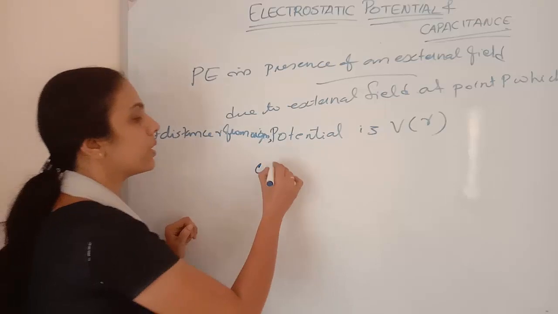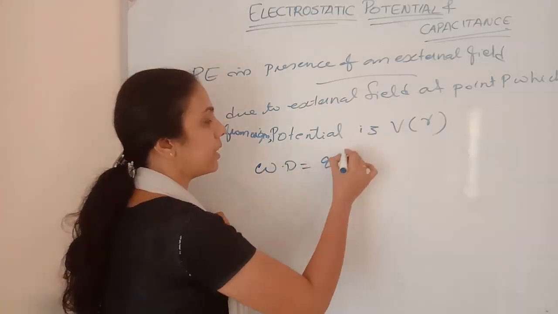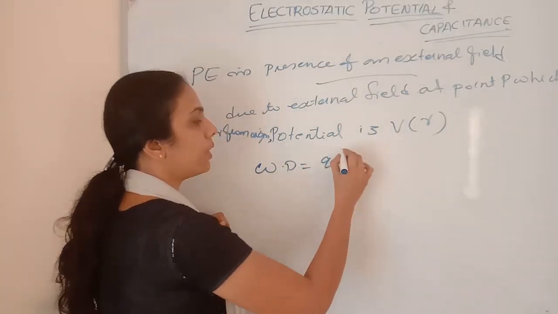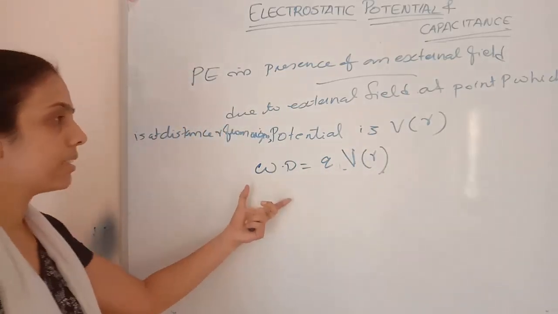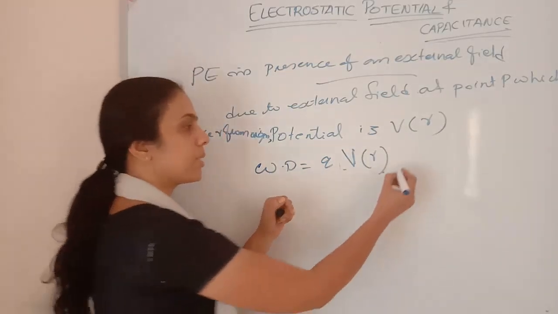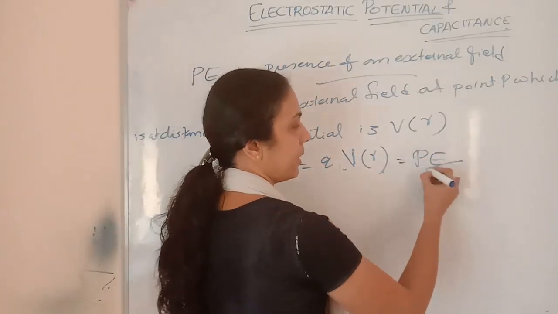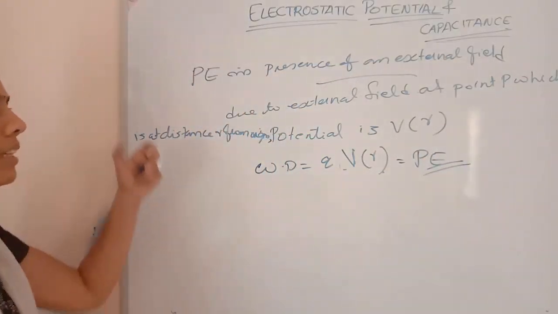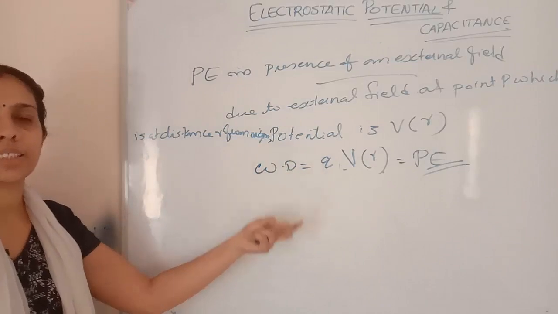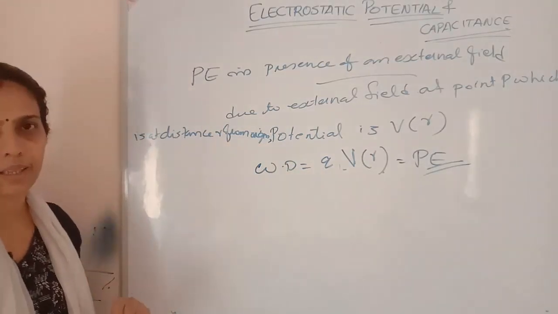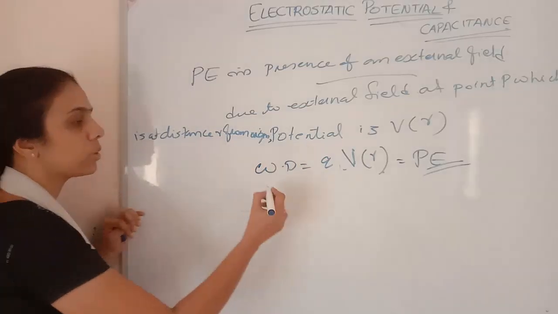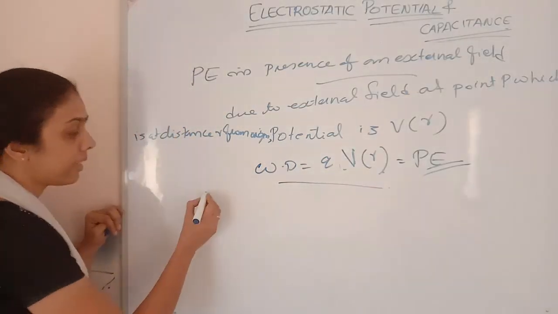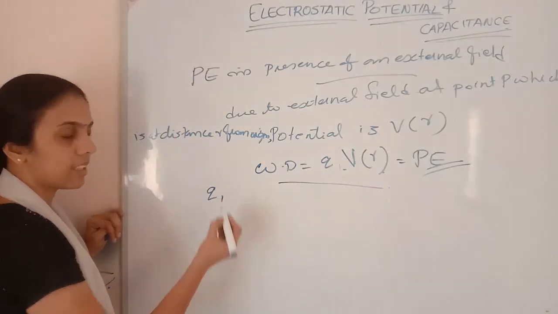Then what will be the work done in that? Work done will be equal to q into V of r, qV. Right, this will be the work done. This work done will be stored as potential energy. Now instead of a single charge, if a system of charges is there: first I consider a single charge q1.